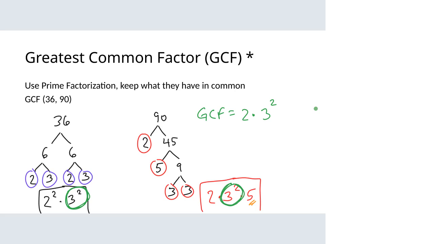Well, that 5 is wonderful, but there's no 5 over here, so we're not going to use that 5 when we go look for the greatest common factor. So now what I end up with is 2 times 3 squared, or 2 times 9, or 18, as the greatest common factor of 36 and 90. 18 is the largest number that will go into 36 that will also go into 90.